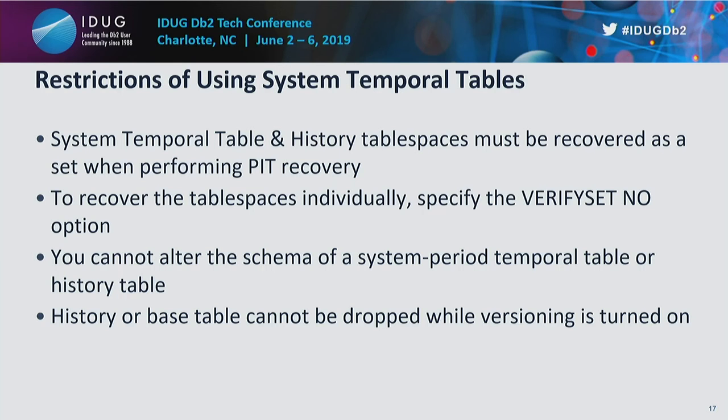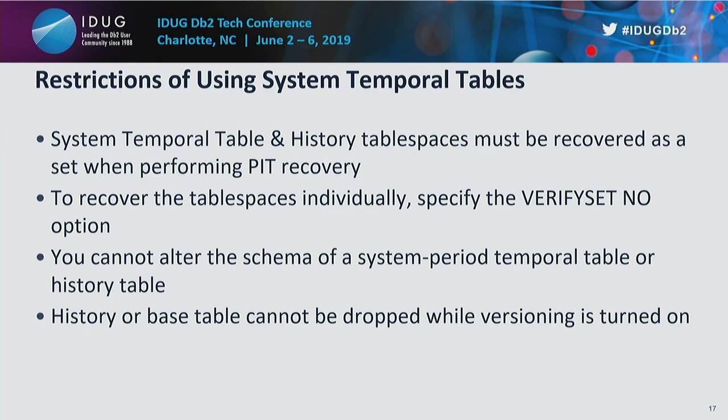Also, you cannot alter the schema of a system period temporal table or the history table. The only thing you can do is add a column to your base table, and DB2 implicitly adds that column to your history table without you having to do anything. So you can add columns to your base table, and those columns get added to the history table for you.